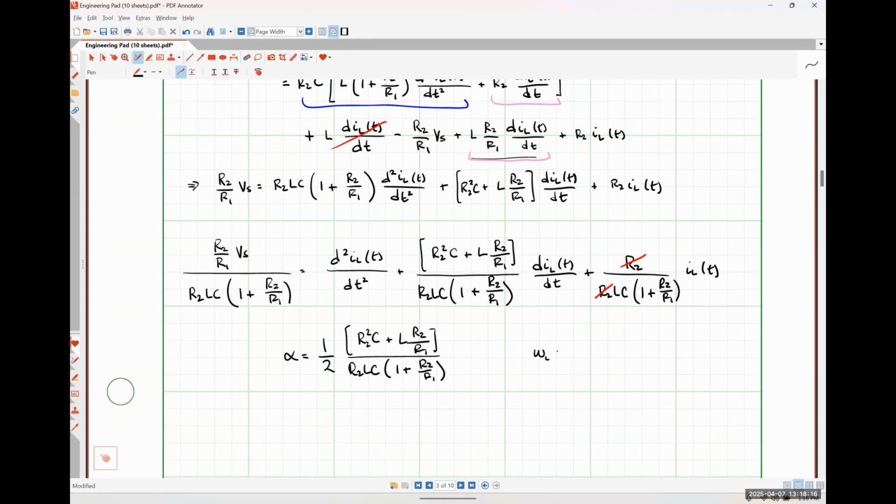And omega naught is going to be the square root of the coefficient on the 0th derivative term. That's going to be the square root of 1 over LC times 1 plus R2 over R1.